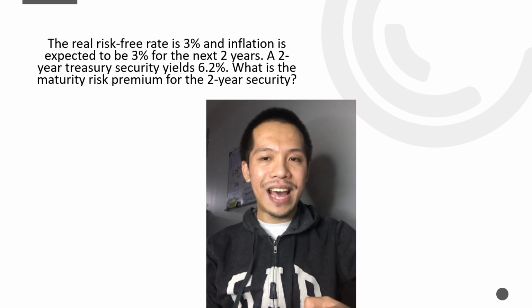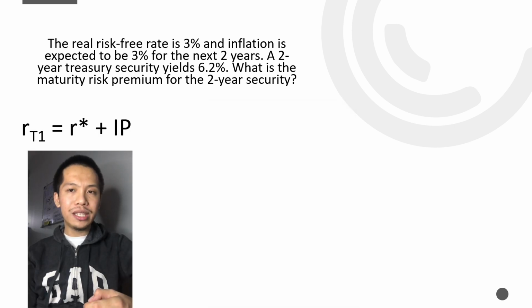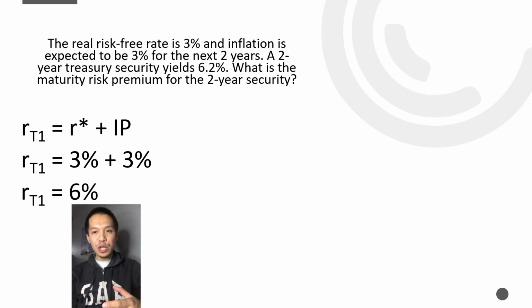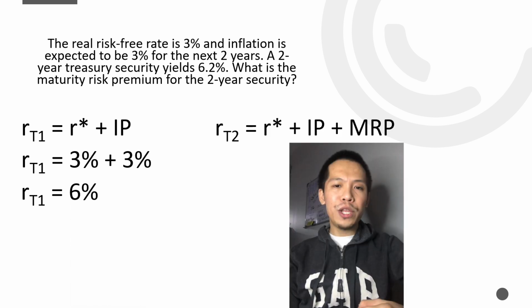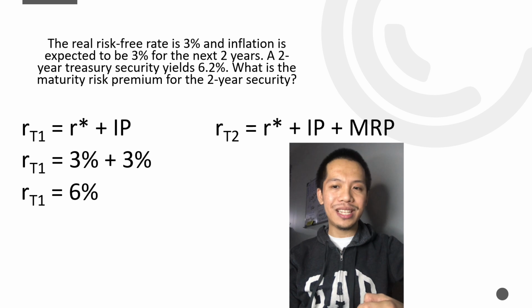So let's arrive at R sub T1, the rate of the 1-year Treasury security. R sub T1 is equal to R star plus IP. R sub T1 is equal to 3% plus 3%. R sub T1 is equal to 6%. We know that the rate for the 2-year Treasury securities is 6.2%.